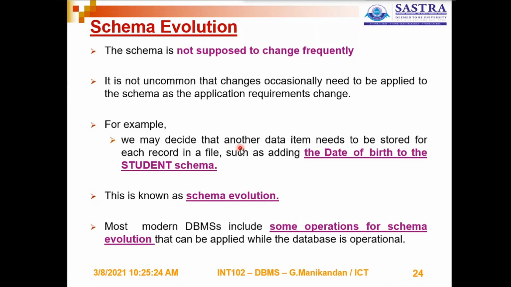So you want to modify the definition of the student table by incorporating one more field called date of birth. This mechanism of modifying the existing structure, or the current content of your database schema, is called schema evolution.